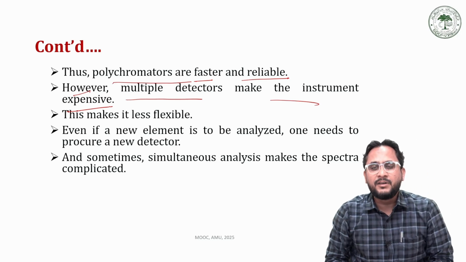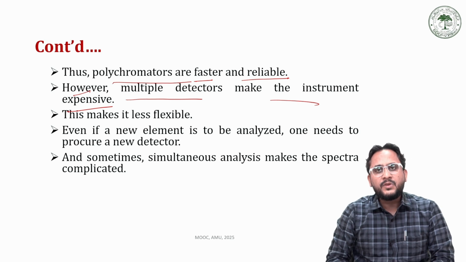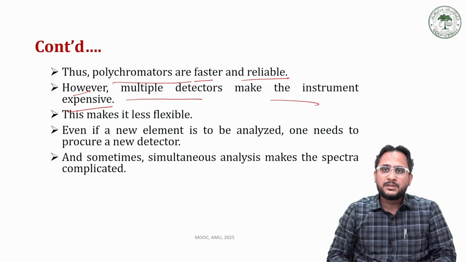So if we have a budget limitation, or a small industry which cannot go for this particular equipment, they may satisfy themselves by using a scanning spectrophotometer or just a sequential spectrometer that can be used for single analysis at a time.